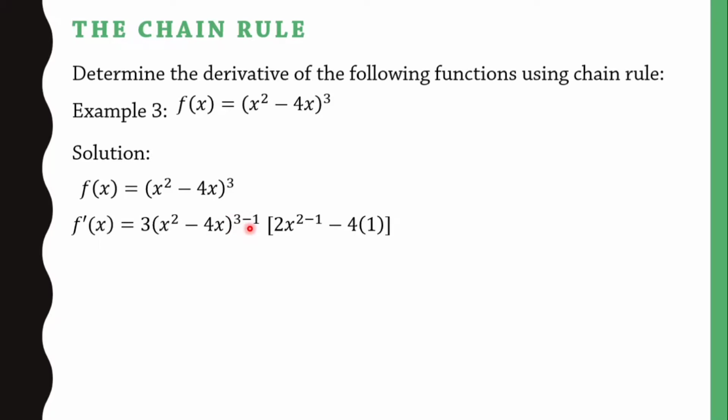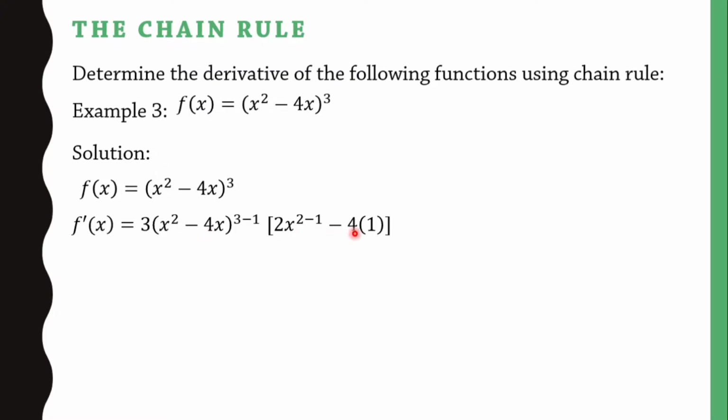Then again, get the derivative of the function inside the parentheses. So we get the derivative of x squared minus 4x. The derivative of x squared is 2x raised to 2 minus 1, minus the derivative of 4x, that's 4 times 1.